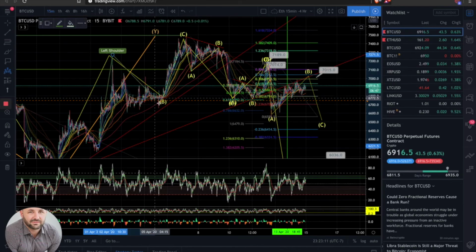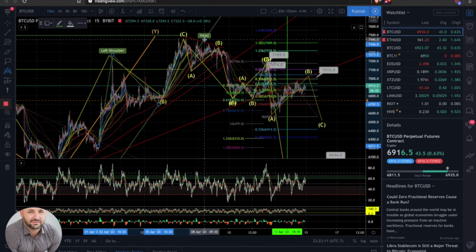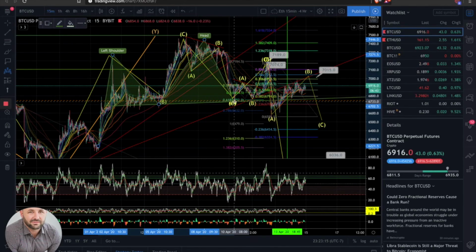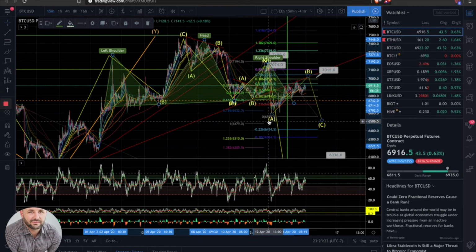All right, we have our left shoulder here, head right in the middle, right shoulder, and then back down. We did pop above the neckline right here, but we're still underneath this overall trend line right here. So it's something to pay attention to, as this is a pretty common reversal pattern that leads to further downside.